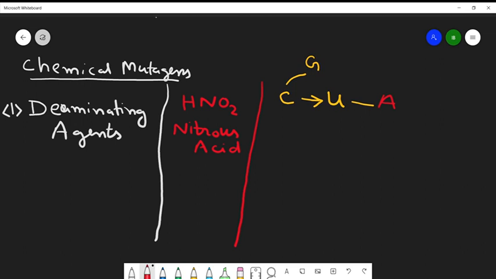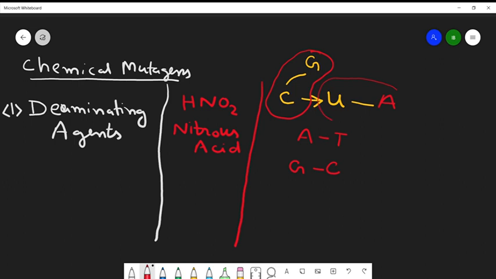Suppose the normal base pair was guanine cytosine. Here, as you can see, it was the normal base pair cytosine guanine, but now it gets changed into adenine thymine.